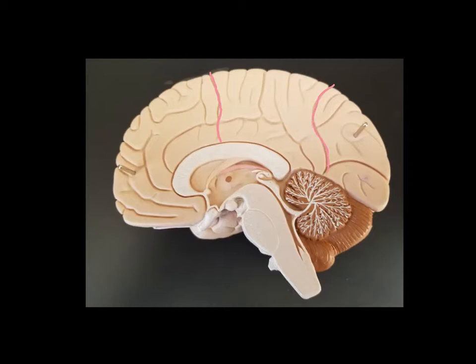Here is that better view of the parieto-occipital sulcus that I talked about. Here is the transverse fissure. Now, that means that here is our frontal lobe, parietal lobe, occipital lobe, and cerebellar hemisphere. We cannot see the temporal lobe from this view.